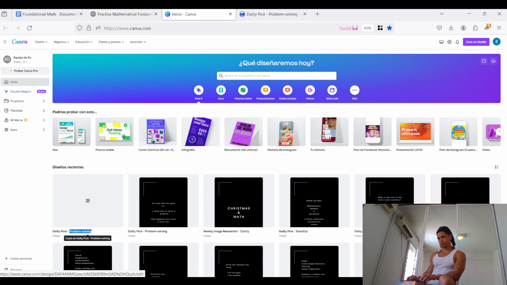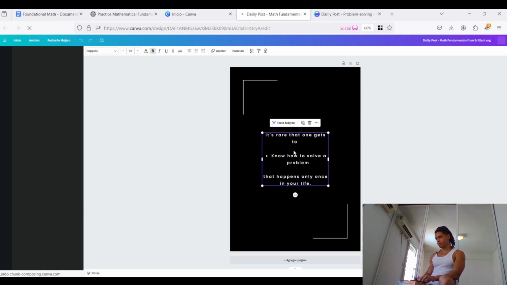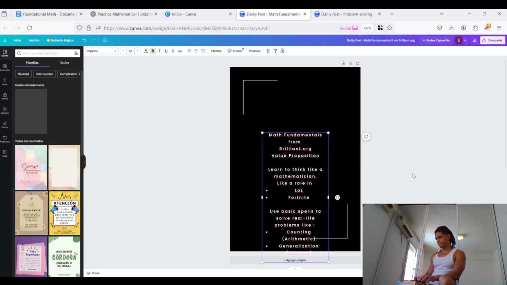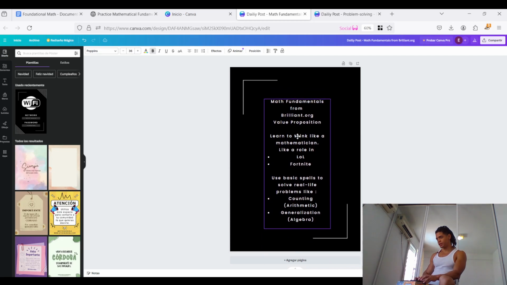Daily post, problem solving, and this is the math fundamentals from brilliant.org. You're going to see this math fundamental.